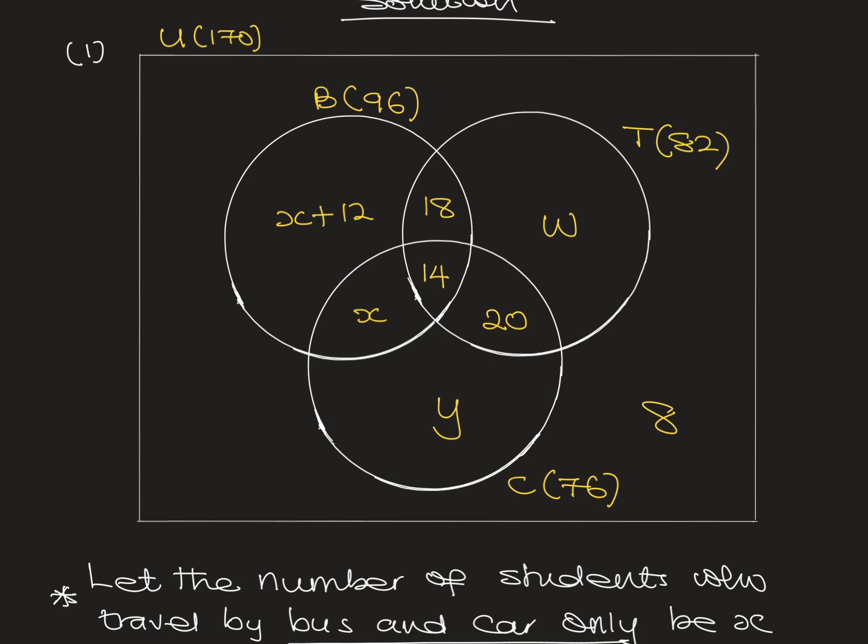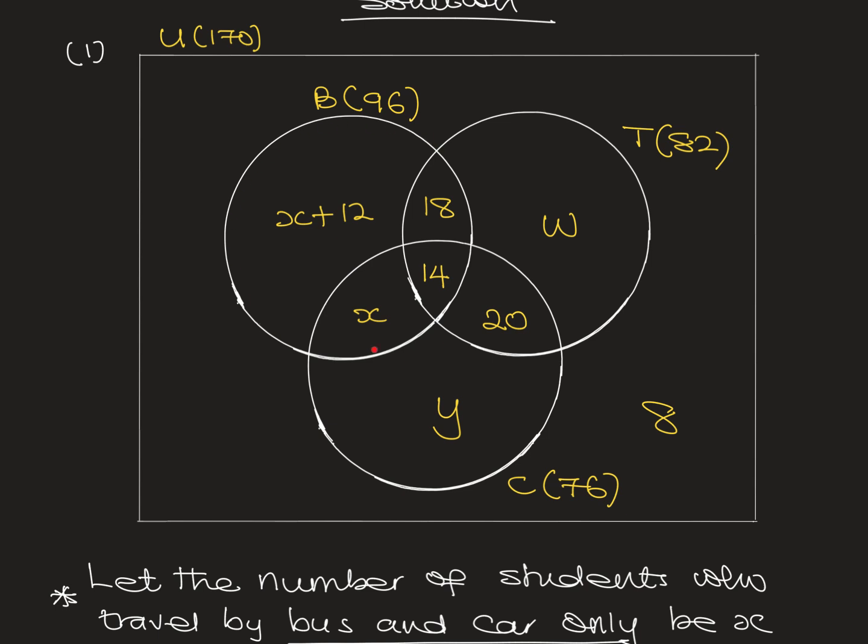So W is the number of students who travel by train only. Y will be the number of students who travel by car only. Okay? So this will be the Venn diagram for this problem.